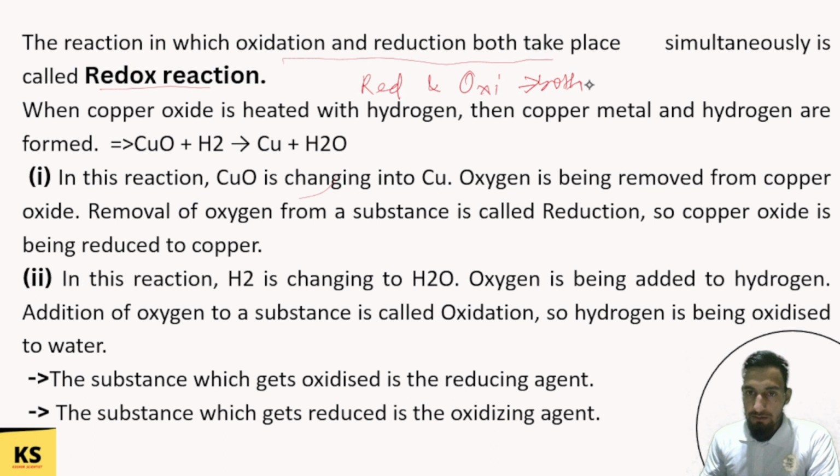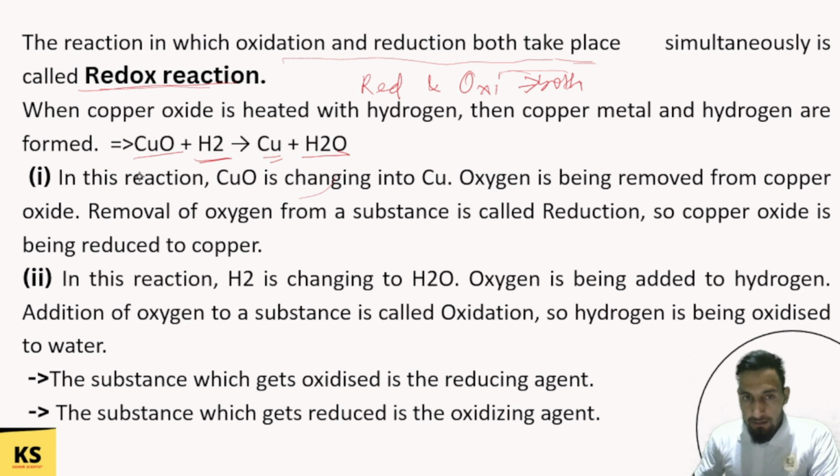Hence, these reactions in which they take place simultaneously are called redox reactions. Now taking the example, when copper oxide, CuO, is heated with hydrogen, this gives us copper and water.